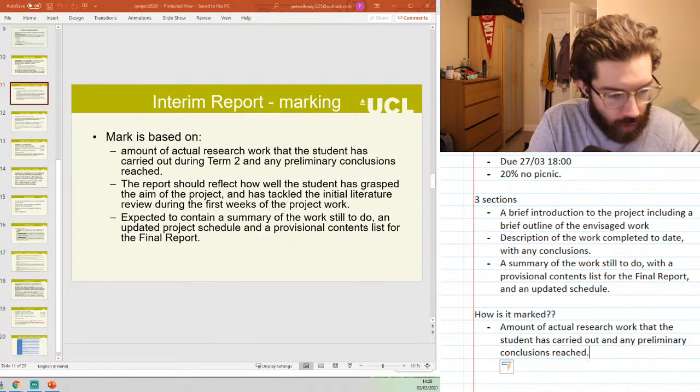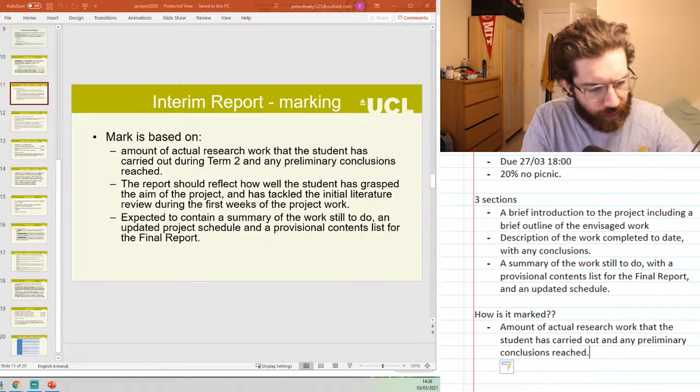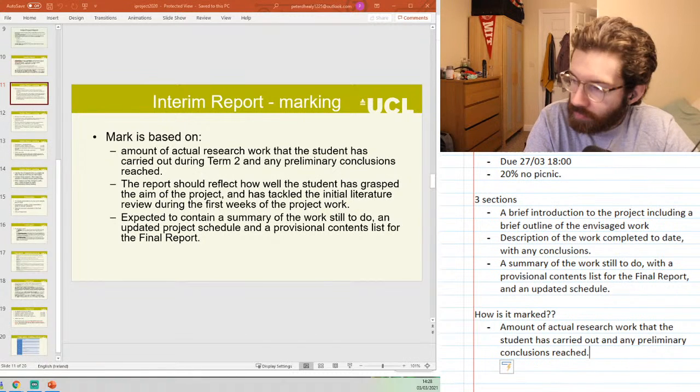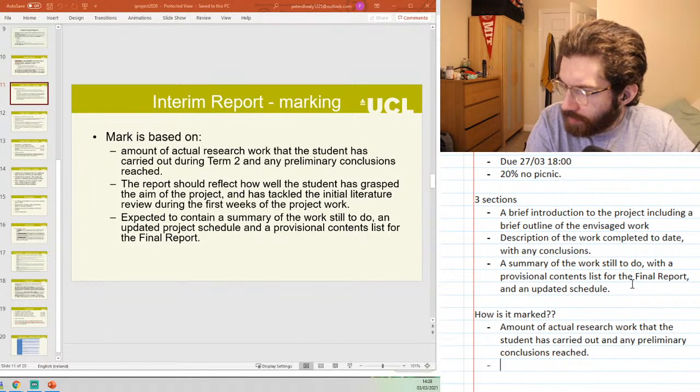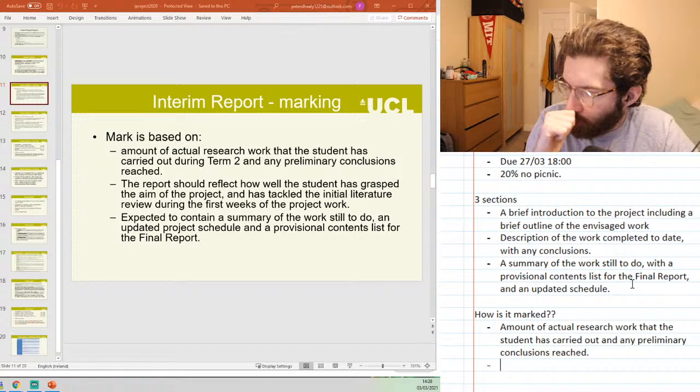Okay, that's good. I've done a good bit of research so far, and I've talked to a lot of people too, so I'll be getting good marks in that regard, I would imagine. Report should reflect how well the student has grasped the aim of the project and has tackled the initial literature review during the weeks of the project. Okay.